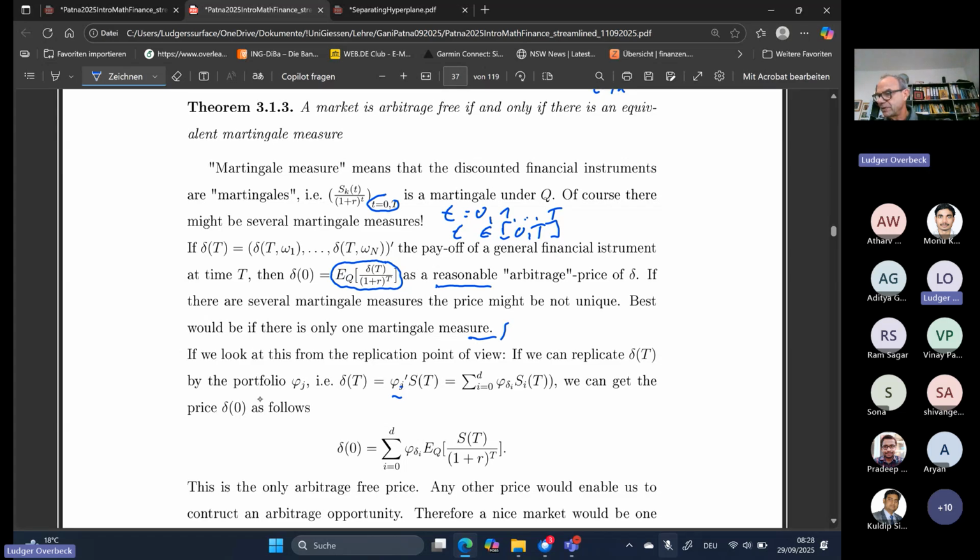If we can replicate by the portfolio, it depends on the payout.